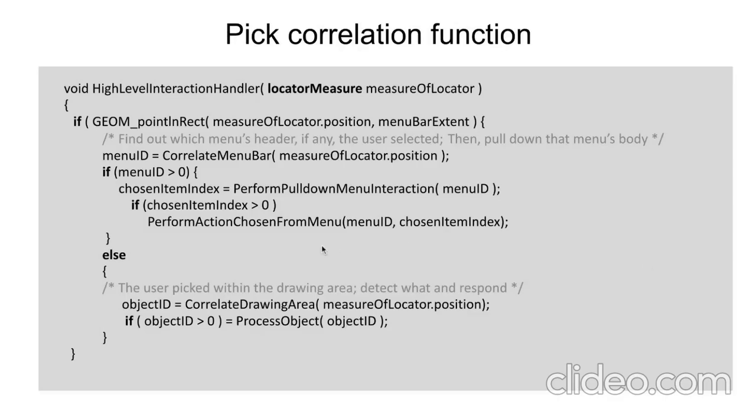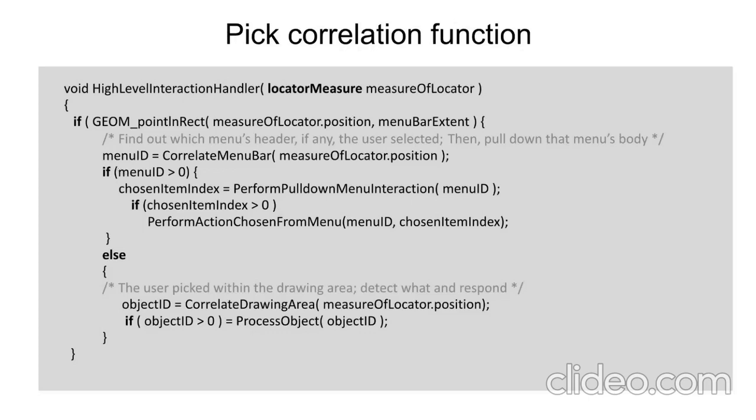So this is a pick correlation function, a high level interaction handler. If you can see, it takes a measure of locator input, which has the position where the user has clicked on the screen. Let's say a user interacts with the pull down menu. First it takes the position, and based on the position, it determines where the user has clicked on the menu bar, and it gets the menu ID over here.